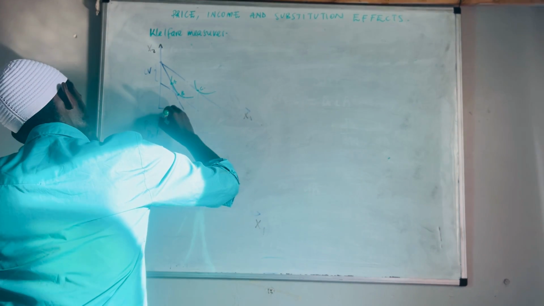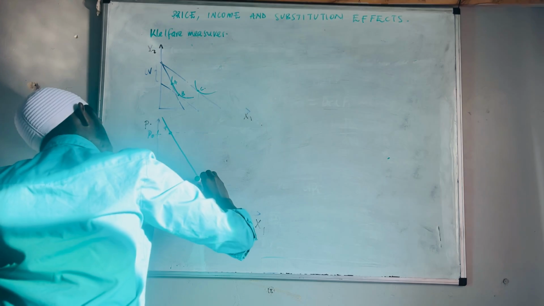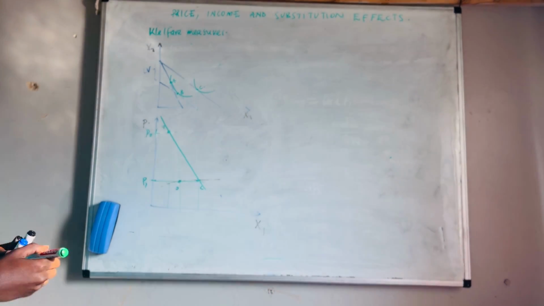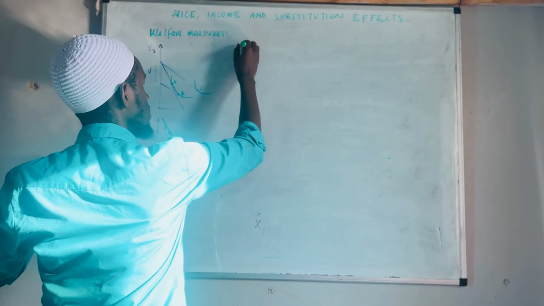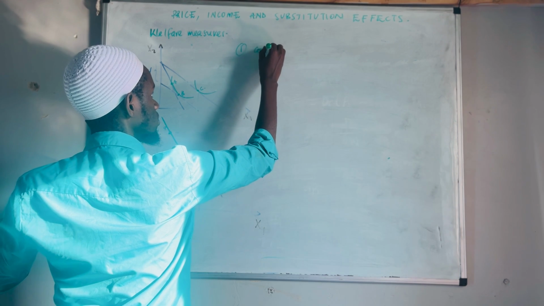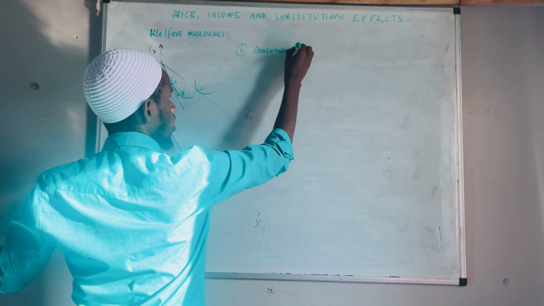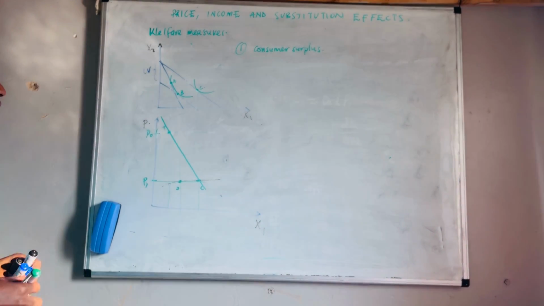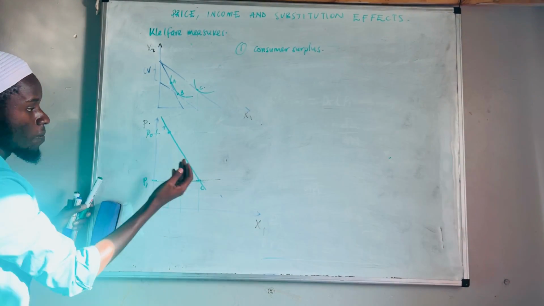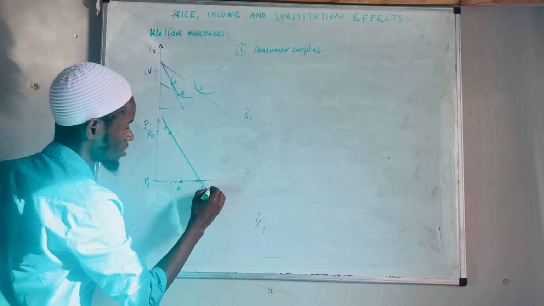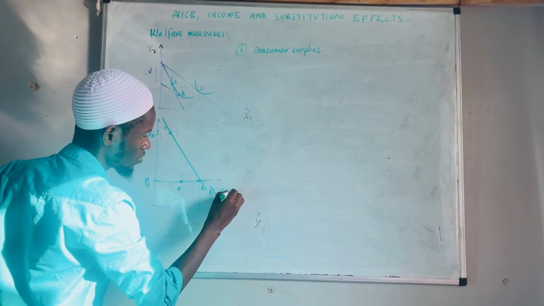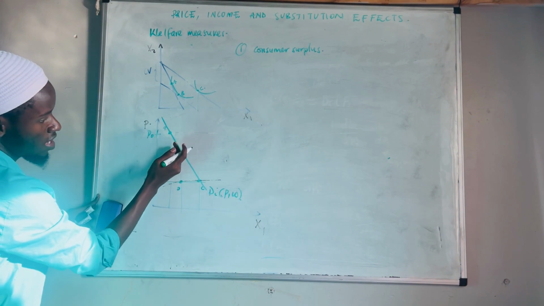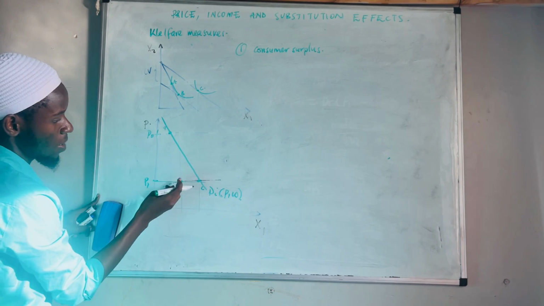Now for our compensating variation, we are talking about consumer surplus, or the Marshall surplus. We just need to have the region, the area below our Marshall demand curve, a function of P and W, to the left of it but above the price.